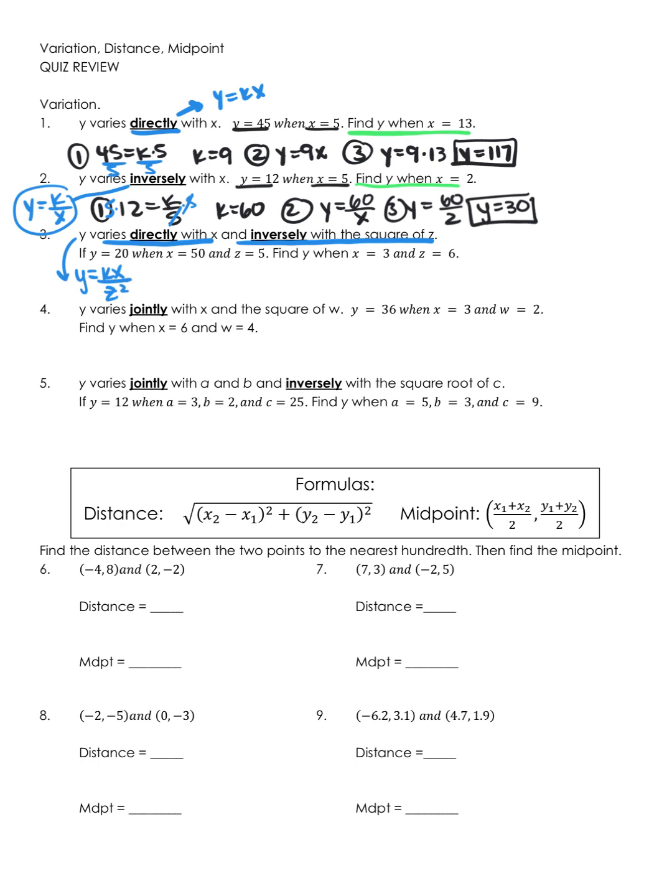So then you'll use that to find k. So plug in y equals 20, x equals 50, z equals 5. And we'll get 20 is equal to k times 50 divided by 25.